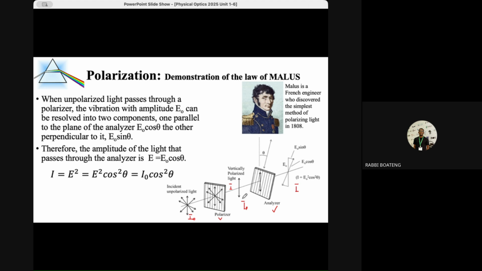So depending on which polarizer you are using, the one that comes before is the I naught, and the one that we get after the polarizer is the I. Is that okay? So we can find the final intensity of the polarizer. Are we okay now?